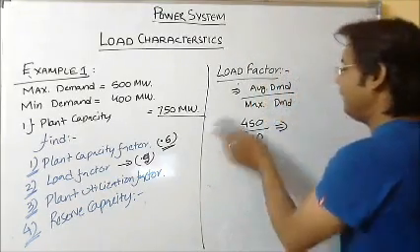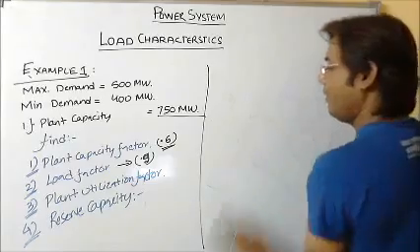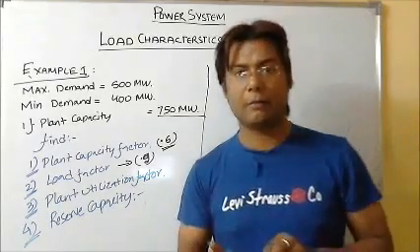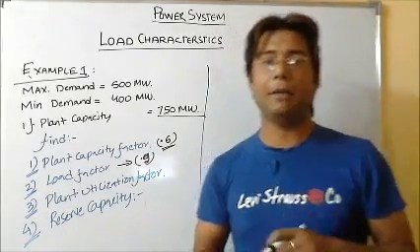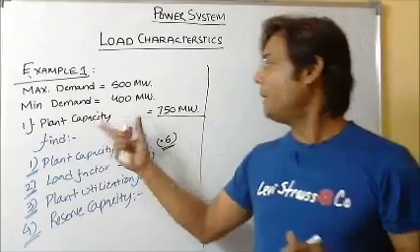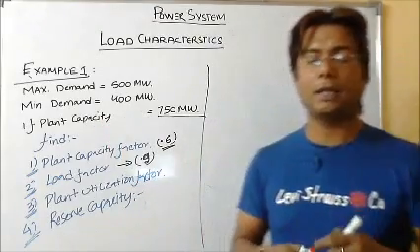Now coming to the plant utilization factor. The plant utilization factor, or PUF, is the maximum demand to the plant capacity, and both things are directly given.